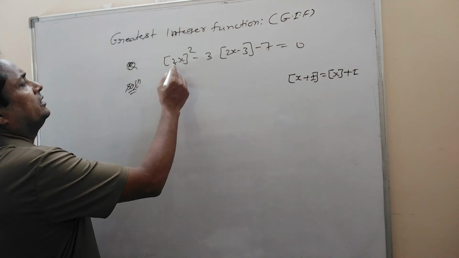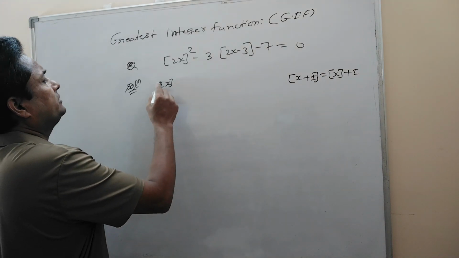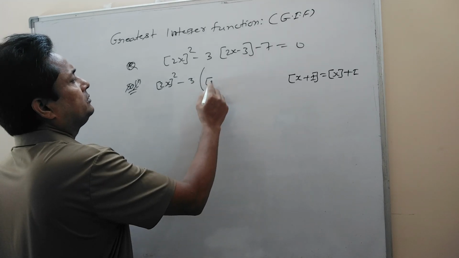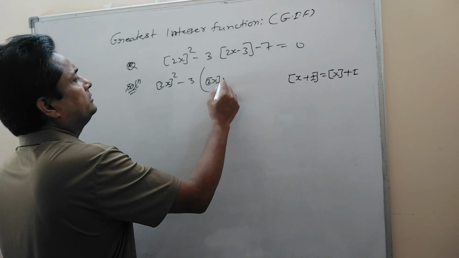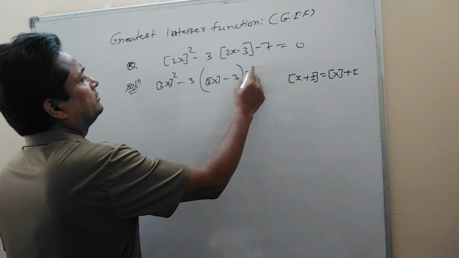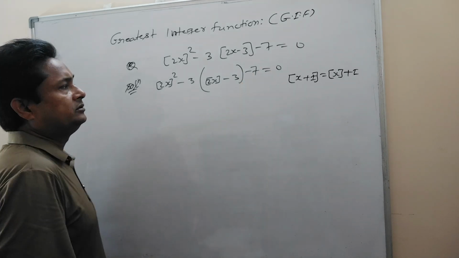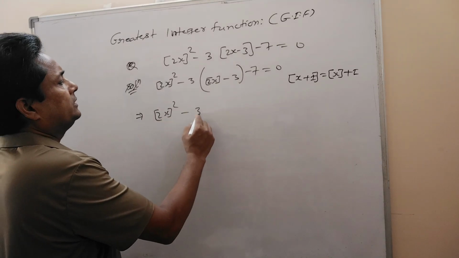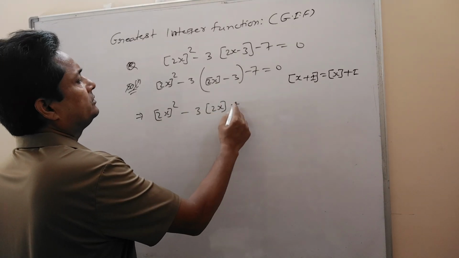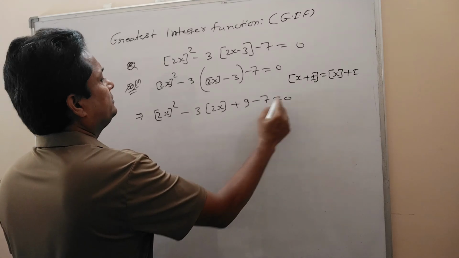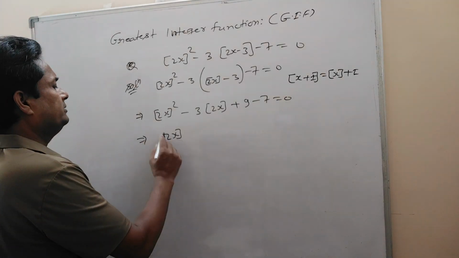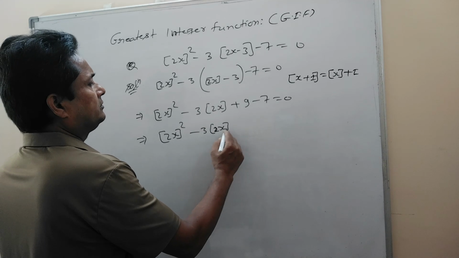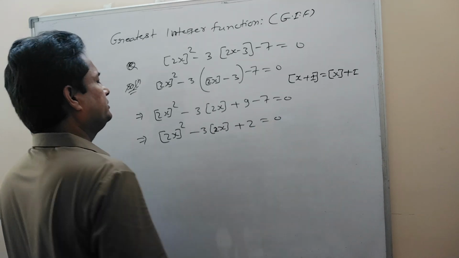So this can be written as greatest integer of 2x whole square minus 3 times greatest integer of 2x plus 9 minus 7 is equal to 0. That means this can be written as this type, plus 2 is equal to 0.